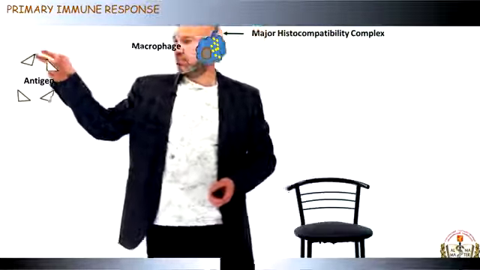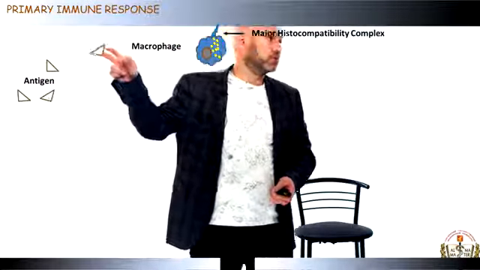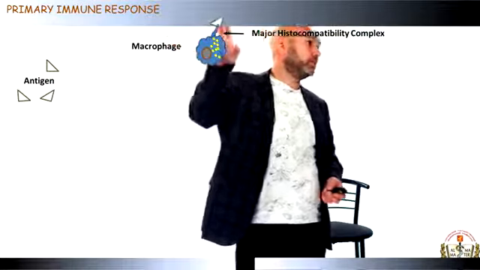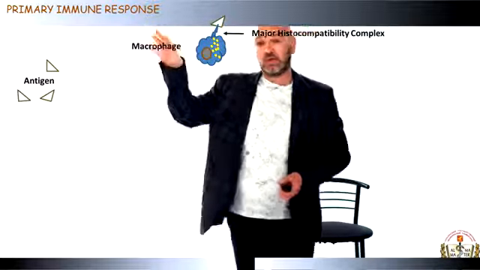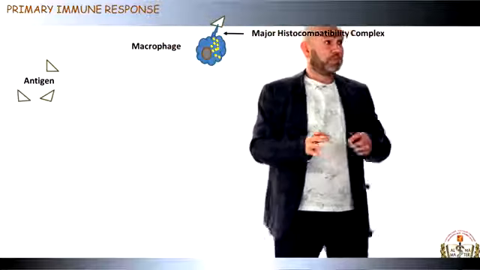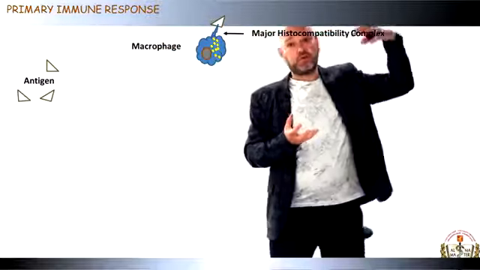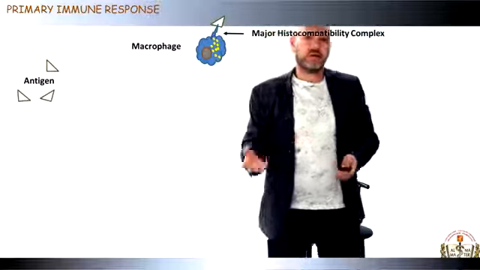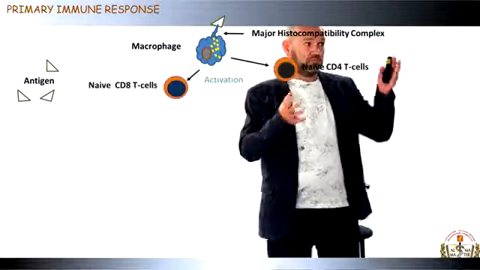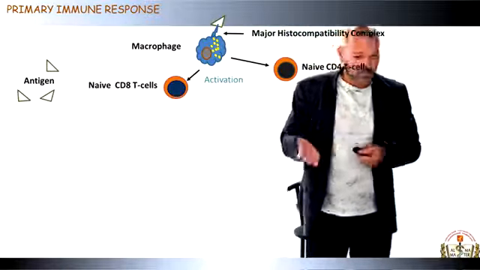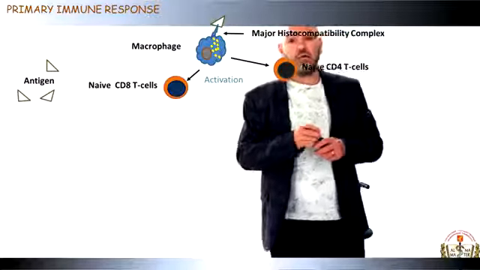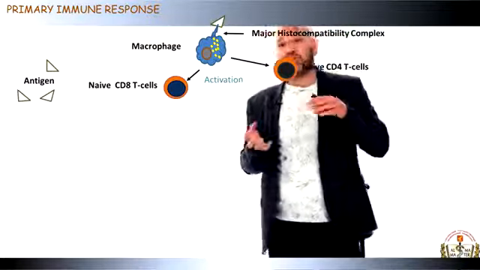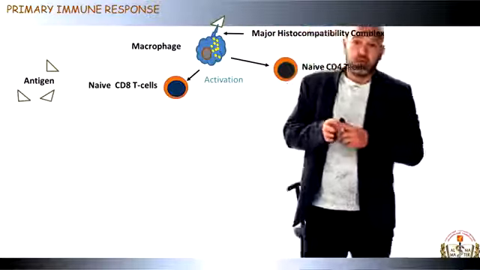Again, the antigen was identified by the macrophage. It will be presented here with the help of MHC. The presence of that foreign molecule on the surface of the macrophage will attract naive T cells. We said that already. And of course, T cells will start their activation.